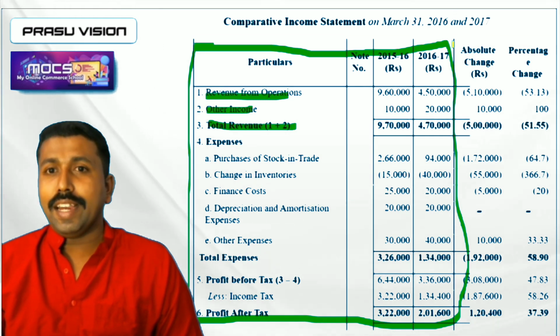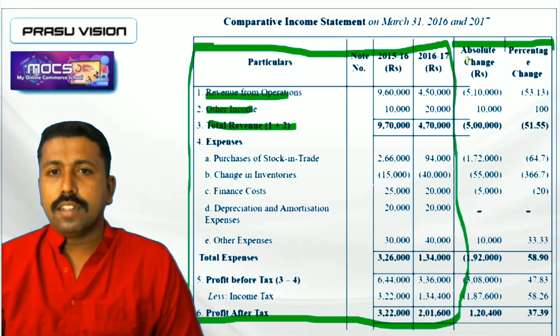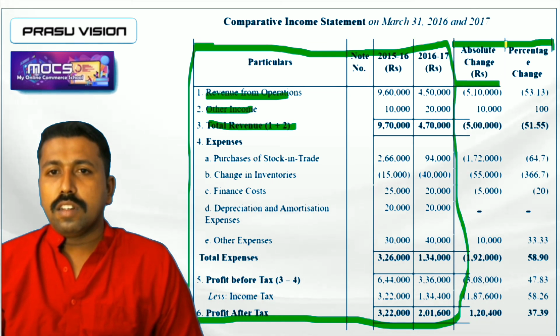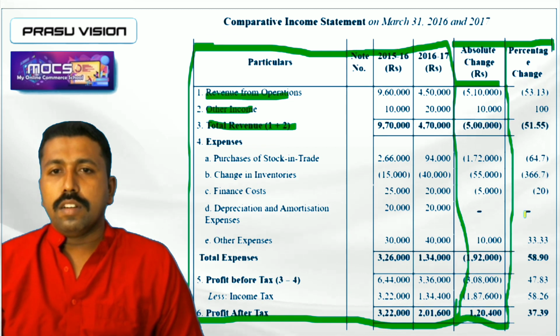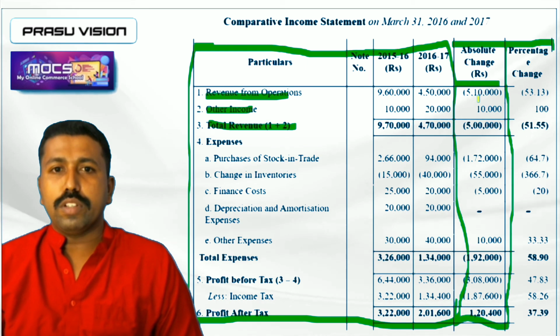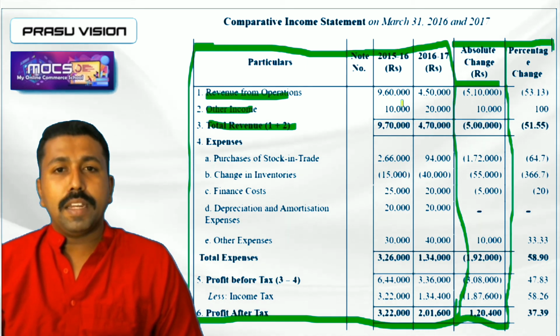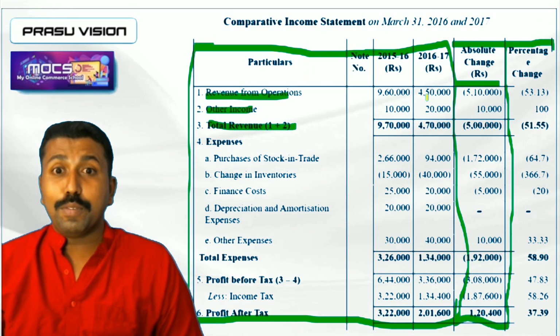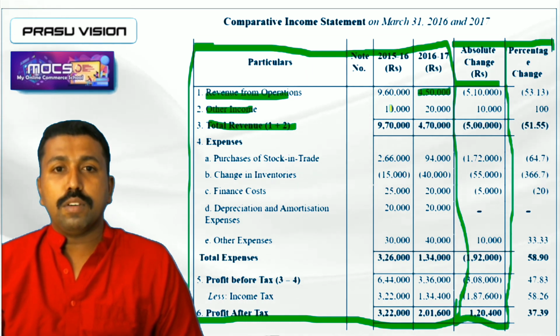How can we find out the answer? Just look at that. This part is the same as in the comparative statement, absolute change. How can we find out the absolute change? Current year minus previous year. Current year revenue from operation is 4,50,000.